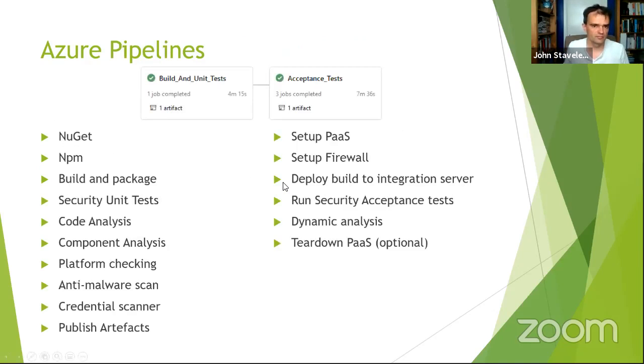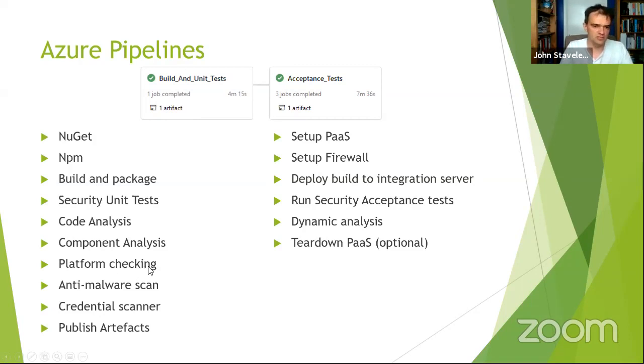So my Azure pipelines look something like this. I've got a NuGet restore. I'll show you what Azure Pipelines looks like in a minute. npm build and package all resources, then do the security unit tests, code analysis using FxCop, component analysis using various different applications, platform checking. So we've got an ARM template.